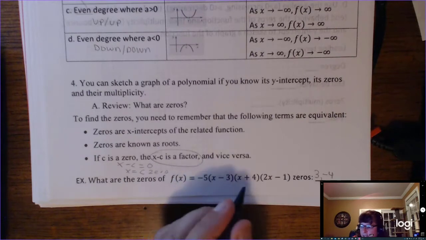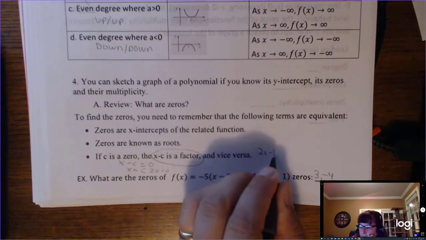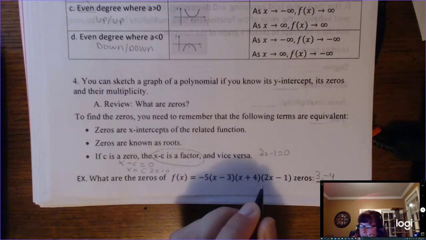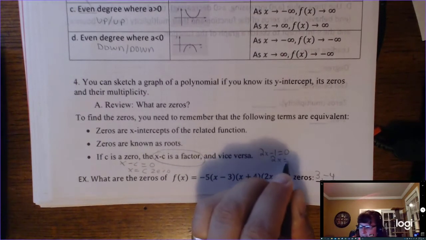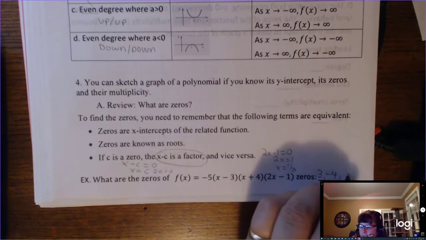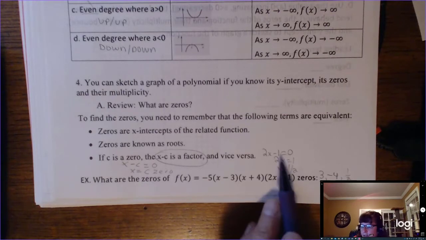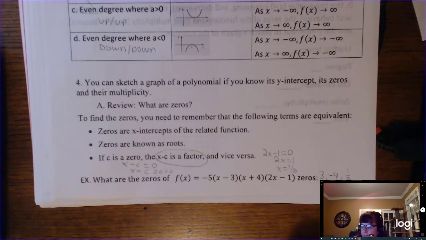Because if I set each of those equal to 0, that's what x equals. 2x minus 1, if I set that equal to 0, that's going to be 2x equals 1, divided by 2, and x is 1/2. So remember, if you have a number in front of the x, the 0 is going to be the opposite, positive 1 divided by that 2. But you can do the work if you need to. Okay.